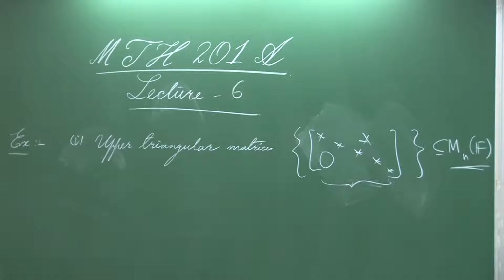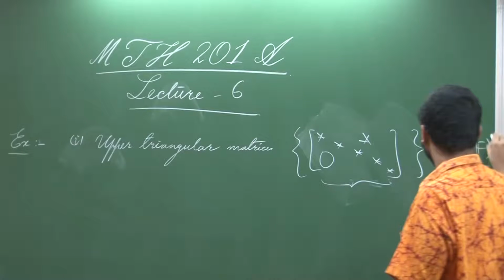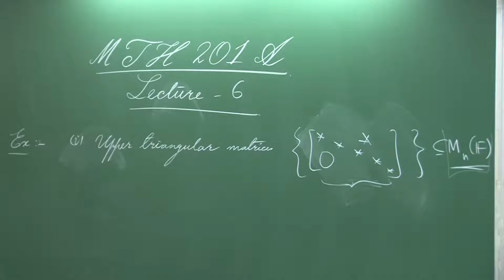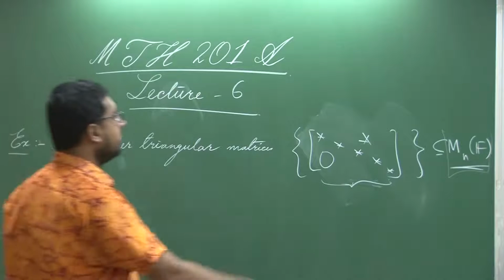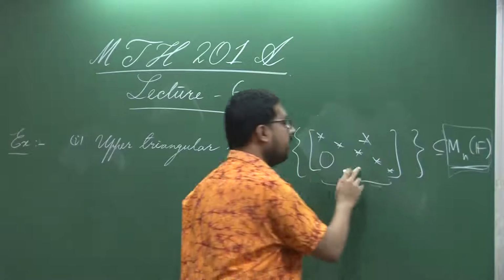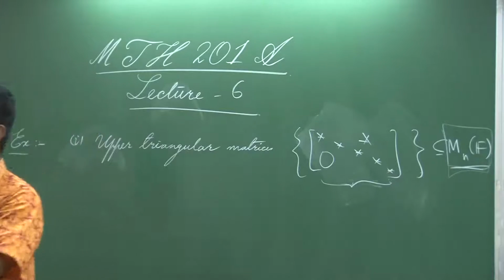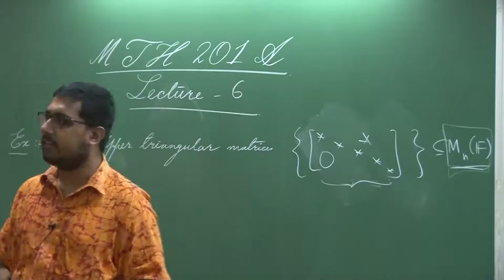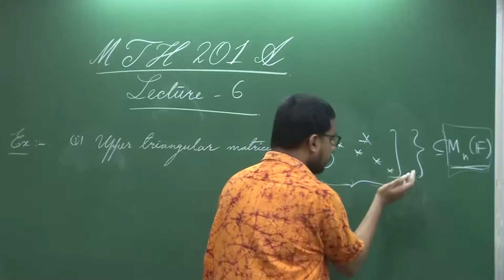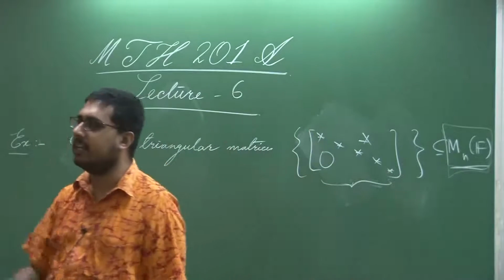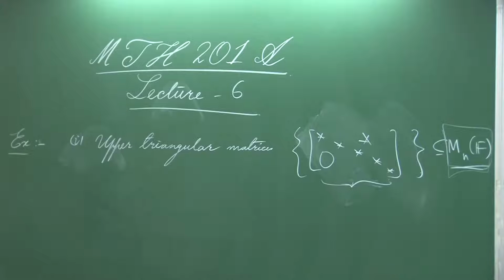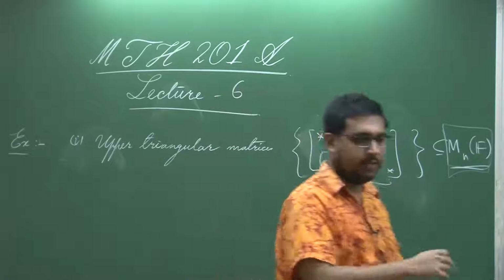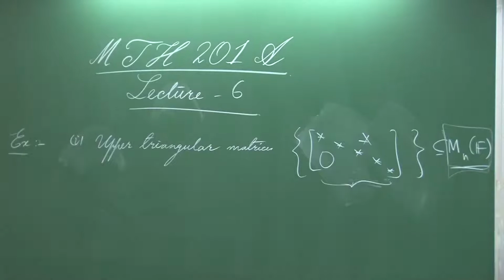Because you have established those properties for plus and dot for the whole space, in particular they apply for this collection also, provided you have guaranteed that given two elements from here, the sum lies here, and the same for scalar multiplication.